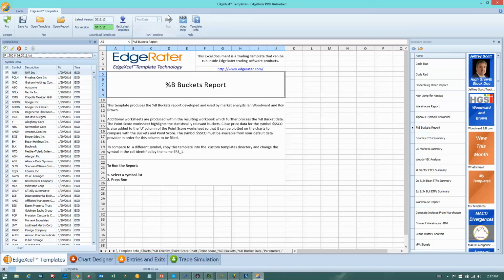I use this report to get a sense of the market. And like everything else, I'm really looking for the market extremes because the place that I find it easiest to make money to the long side or to the short side is playing those extremes of the marketplace.